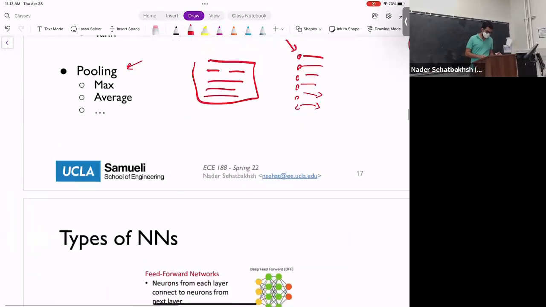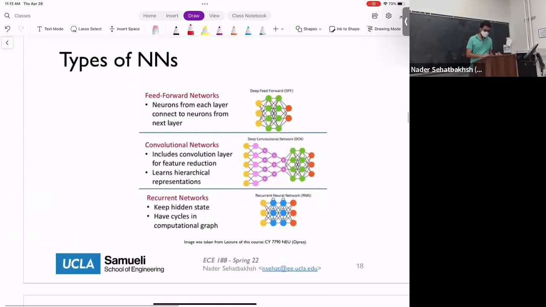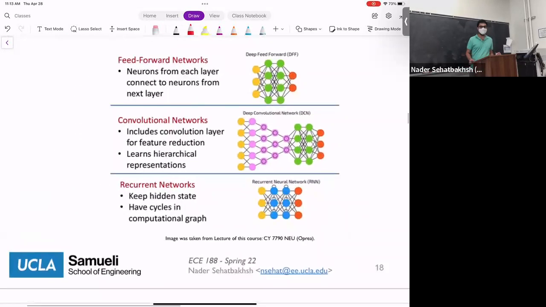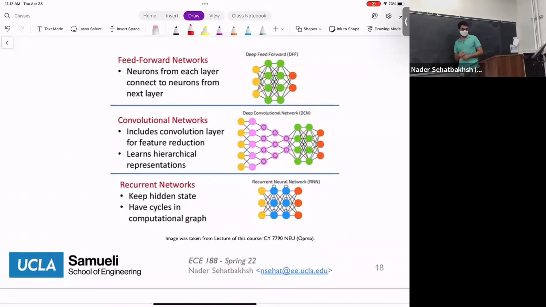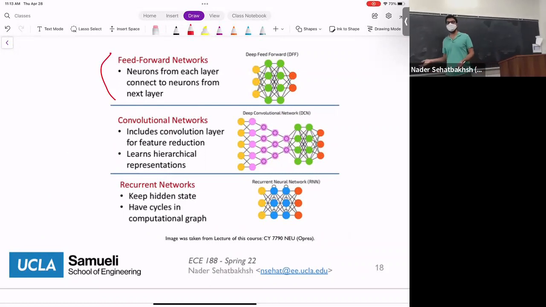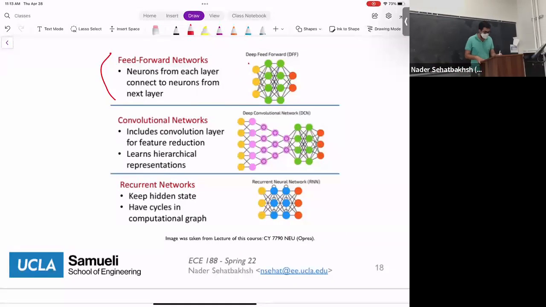So back to what we were discussing, generally there are 3 types of neural nets that are being used extensively these days. The ones that I already showed you are called feed-forward networks, sometimes called multi-layer perceptrons. Generally, every neuron in each layer is connected to all the neurons in the next layer, so we usually call it feed-forward.